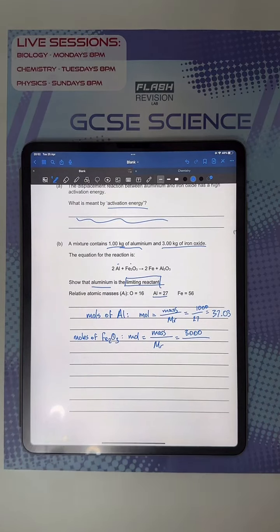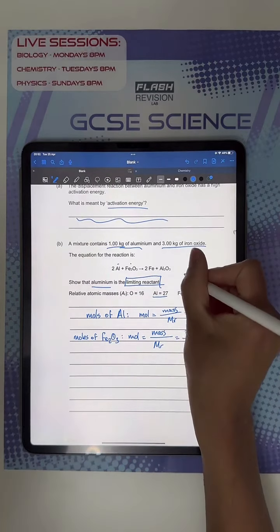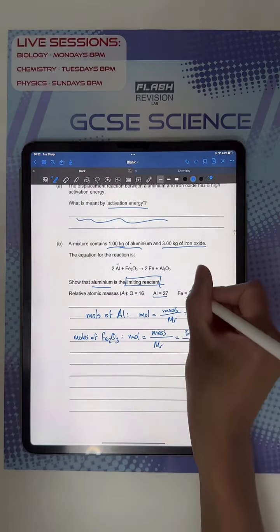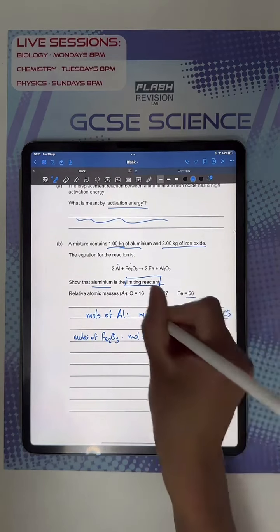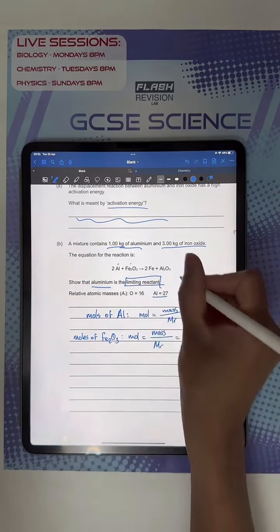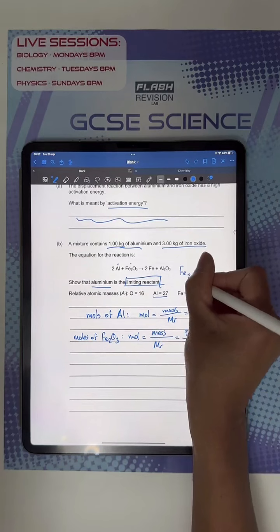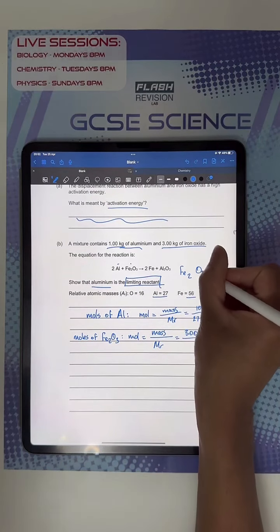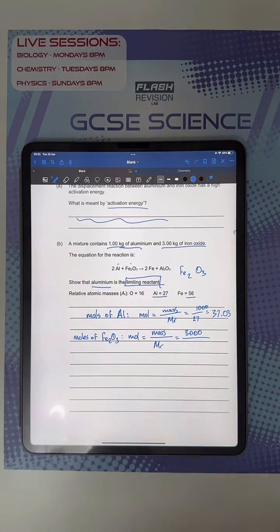Can someone tell me what the MR of iron oxide would be? So that's going to be Fe. Fe2 means you have 2 of these, and you have O3, 3 of these. So 2 irons and 3 oxygens. Add them all up. Tell me what you guys get.